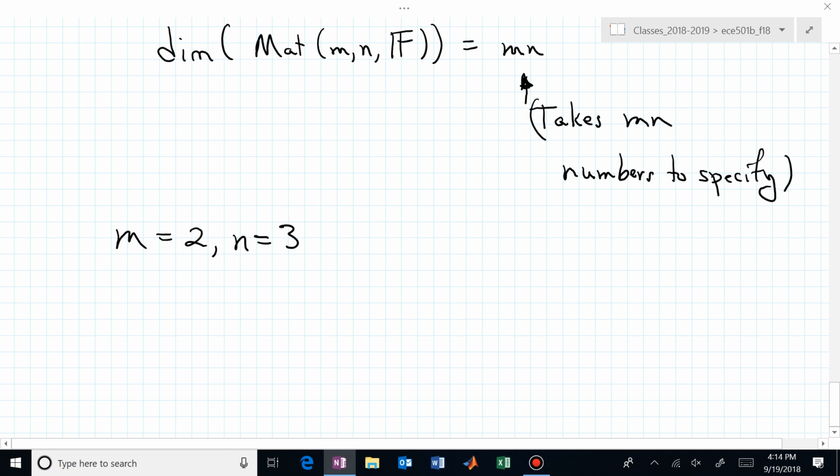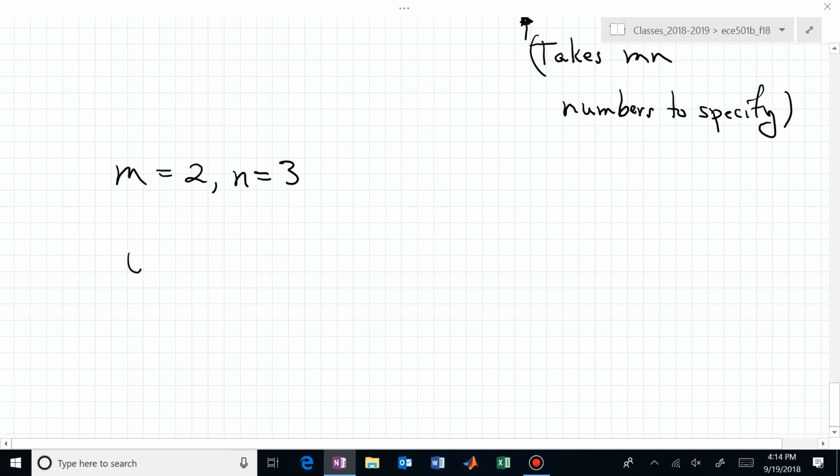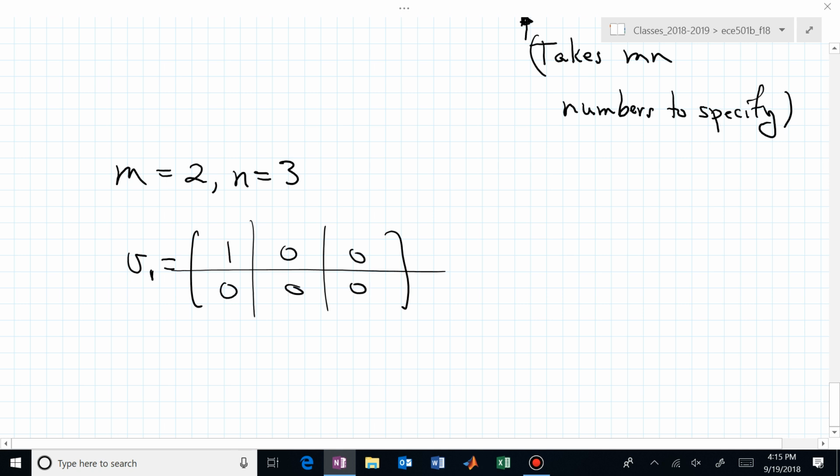Let's say sort of a standard basis vector might be v1, would look like that. And then if we wanted v2, I'm hoping that these panes show you how I'm cutting up that 2 by 3 matrix.